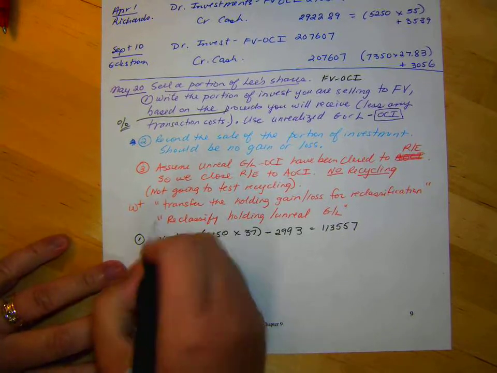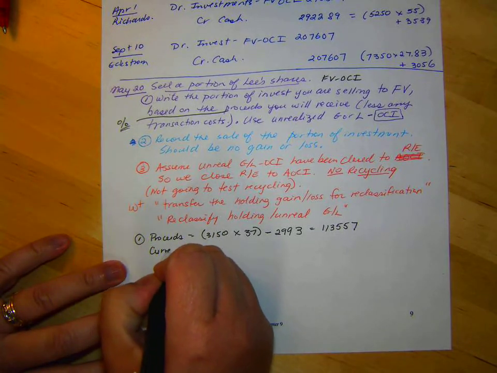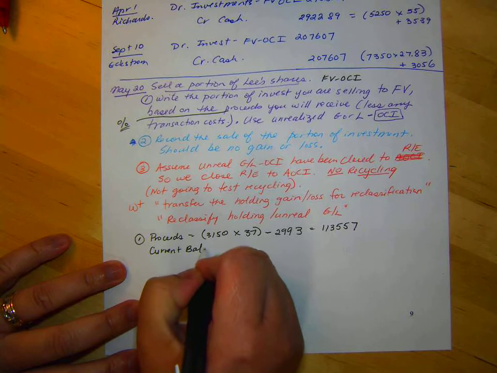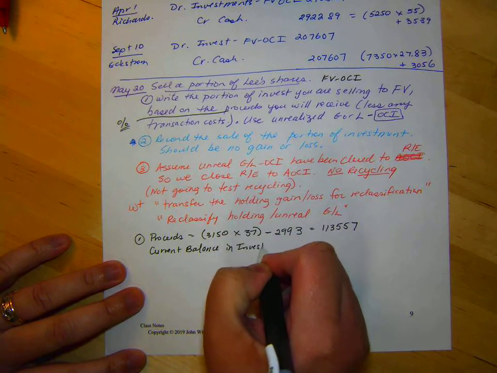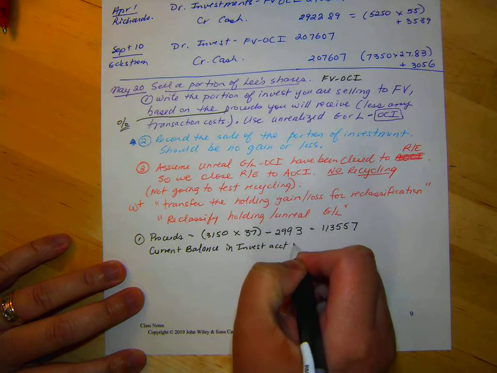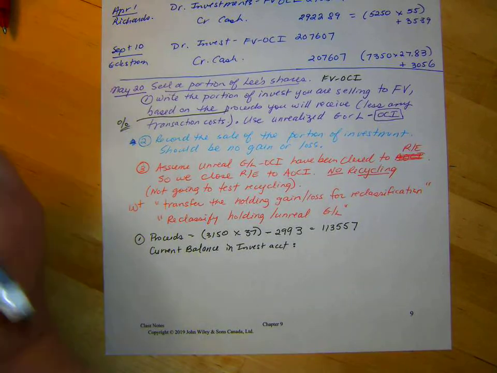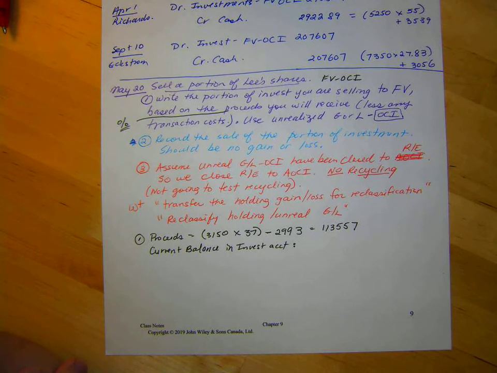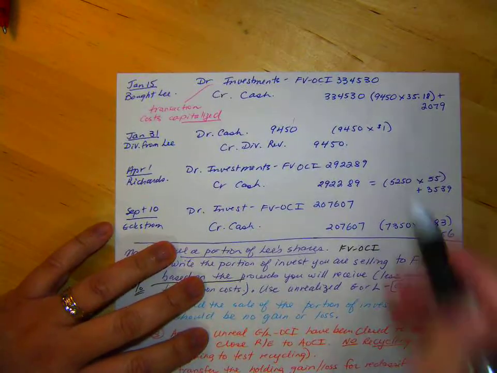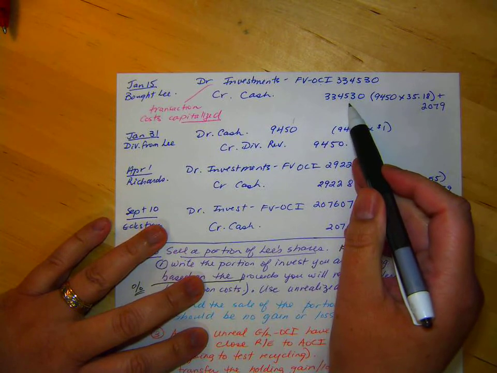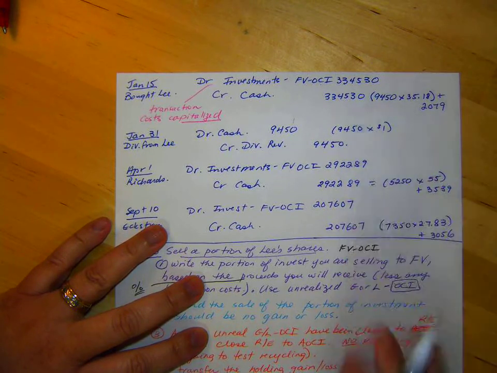Now we need the current balance in the investment account. Okay, so in our investment account, way up here, we have 334,530.